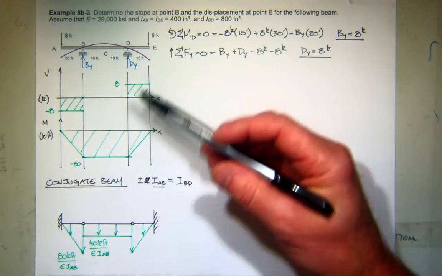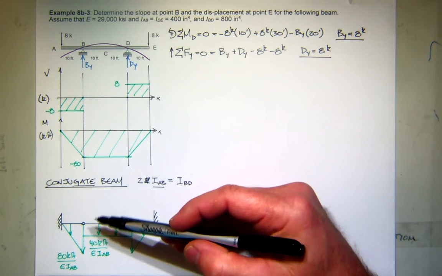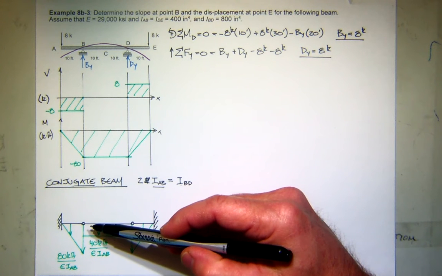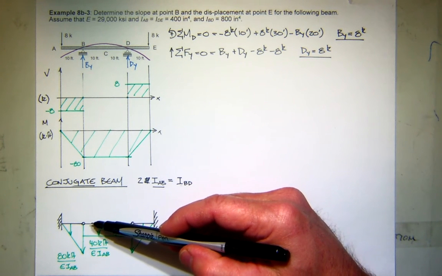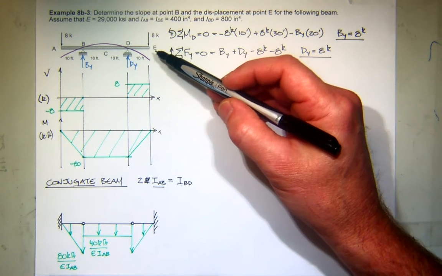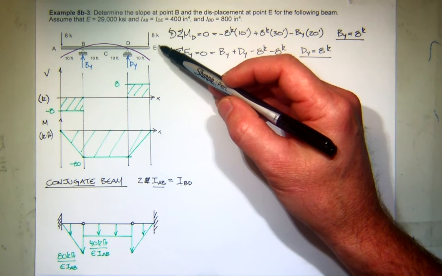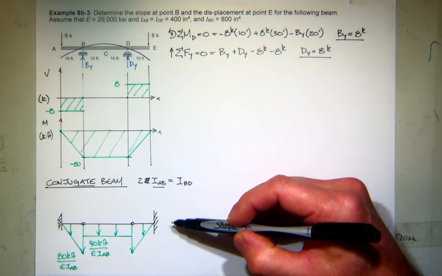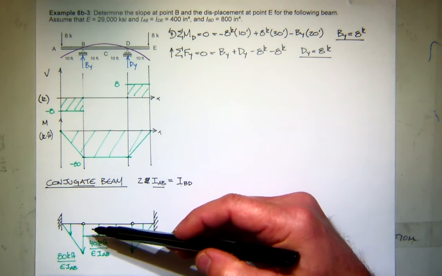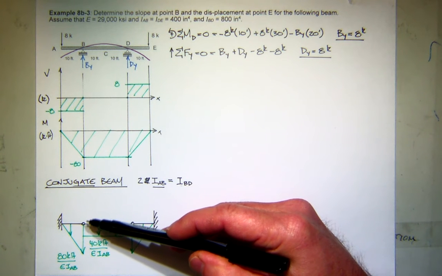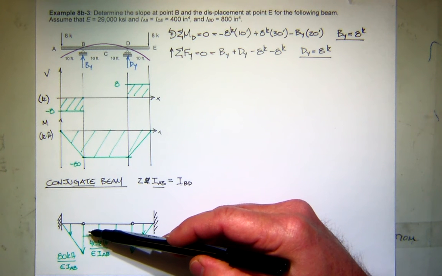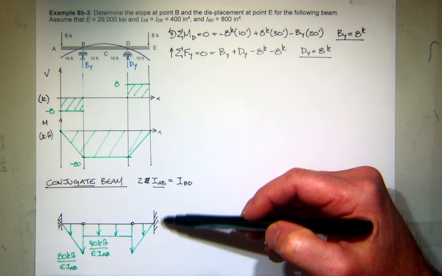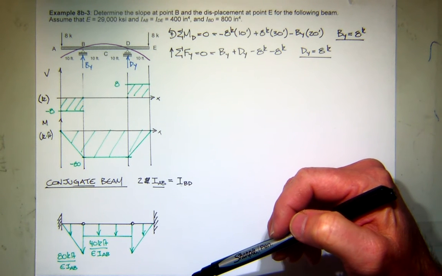So the slope in the real beam at B is what in the conjugate beam? The shear. I need to find the shear at B. And then I need to find the displacement at E. So the displacement at E in the real beam is what in the conjugate beam? The moment. So I've got to find this reaction force here, which will give me the shear, which will give me then the slope, and then I got to propagate that over here and find the reaction moment. That's my statics problem.